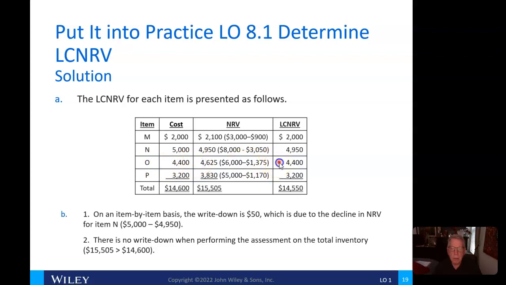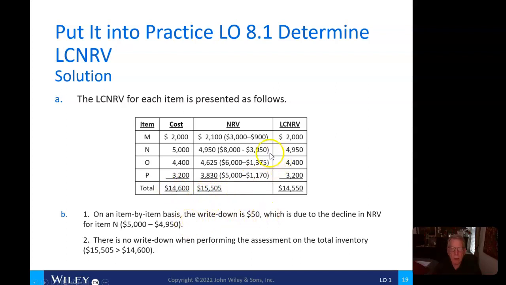We'll pick up cost here. And finally, for Papa, cost is lower than our net realizable value, so we pick up cost. And our lower of cost or net realizable value therefore becomes $14,550, $50 smaller than our cost.